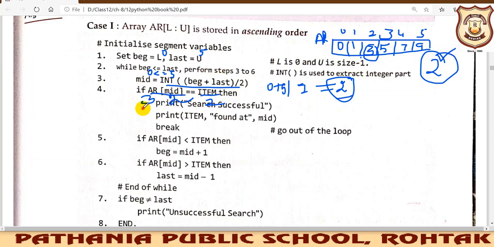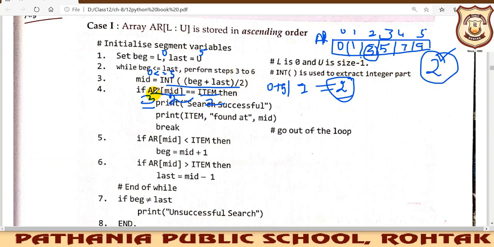So you can see, is 3 equal to 2? No. Every time, whatever element we are trying to search, if the search is successful, meaning we are able to find that element in the array, it will be found at the mid only. This time the search is not successful because we are trying to find 2 in this array and 2 is not present.